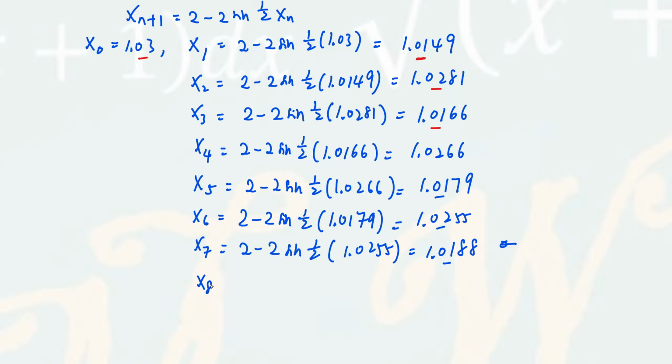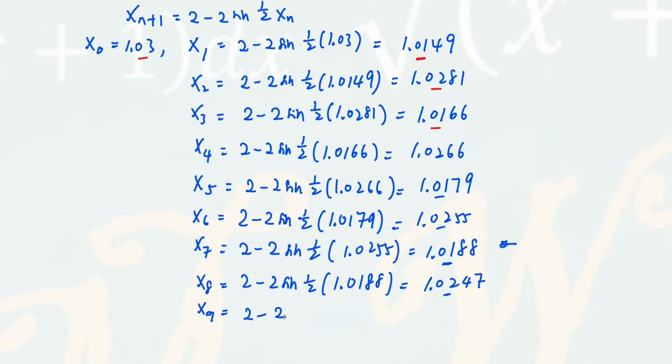So x8 is 1.0247. So when you round, 1.02. Okay, so now to double confirm, you can just find x9, because the previous one when you round is 1.02, here 1.02.